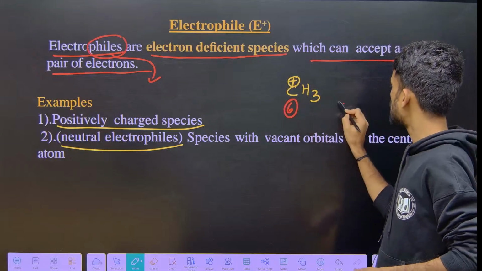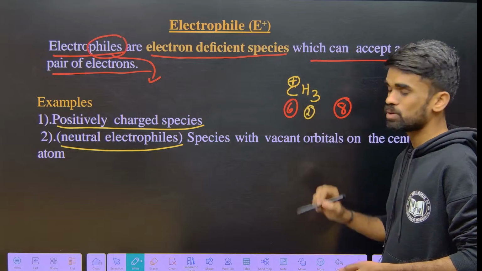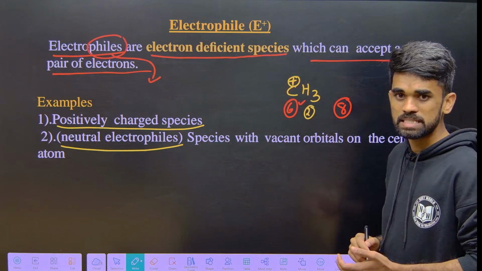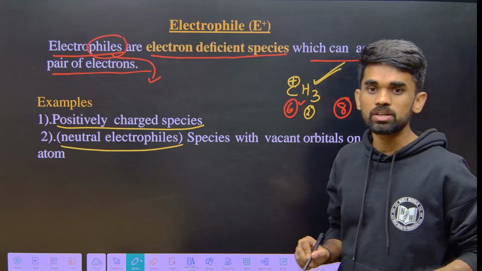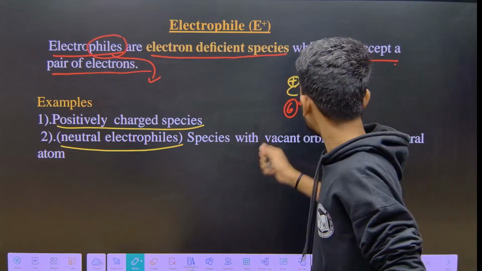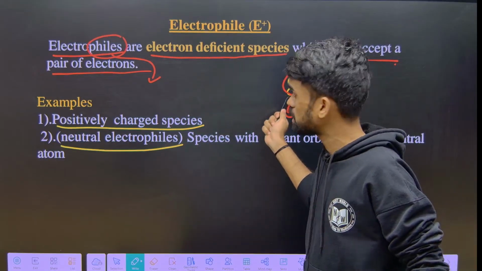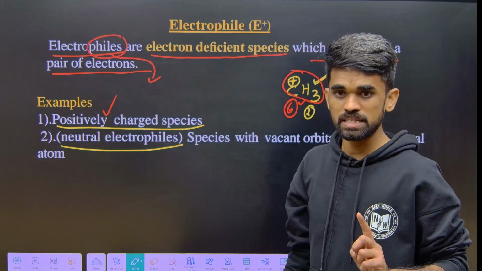It means in order to gain its octet of 8, it requires 2 more electrons. So now it is lesser than required, only having 6 but requiring 8. So carbocations are electron deficient, having a positive charge. So these are electrophiles, examples of positively charged electrophiles. Is that clear or not?